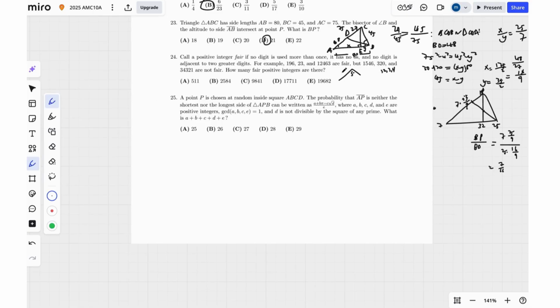Each of these integers can go here, here, or nowhere. So there's 3 choices for each. And that guarantees a unique integer, because let's say 1 and 2 go here, 4 goes here, and 3 doesn't go anywhere. Then 1 and 2 have exactly one ordering, which is strictly increasing.